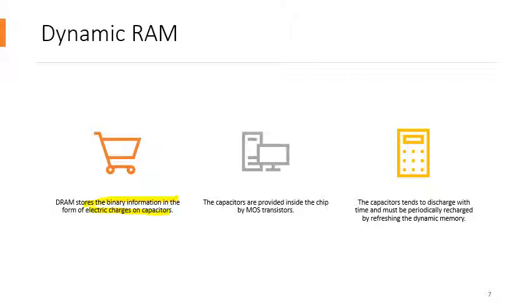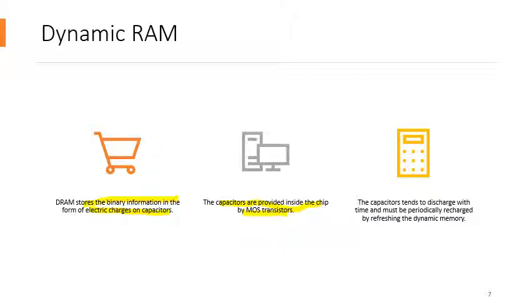If the capacitor is charged, 1 is stored, and if the capacitor is discharged, 0 is stored. The capacitors are provided inside the chip by MOS transistors, so the capacitors are implemented within a chip using the concept of MOS transistors.